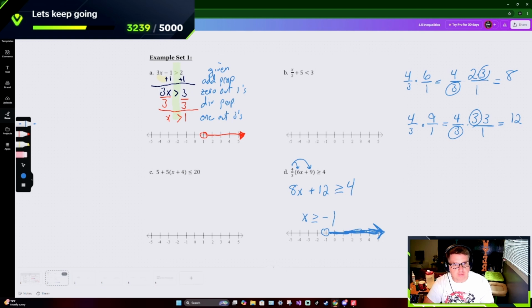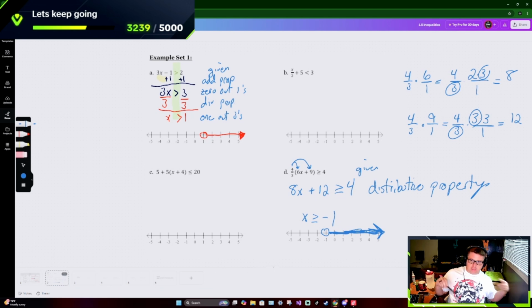So this is given, distributive property. Then you're going to have to go through these steps. You're going to do the subtraction property of equality to 0 out the 12s, and then division property of equality to 1 out the 8s.